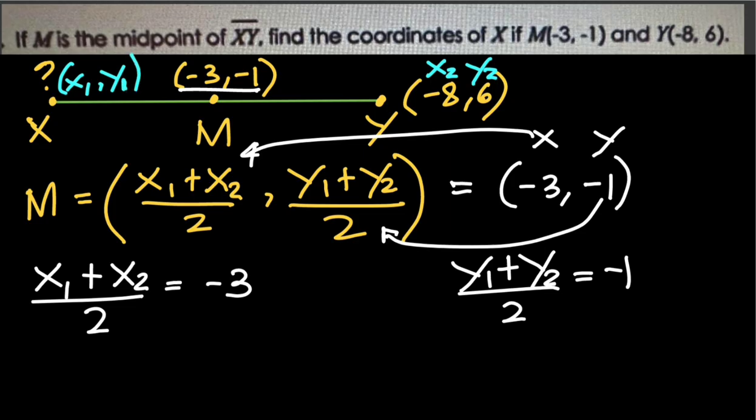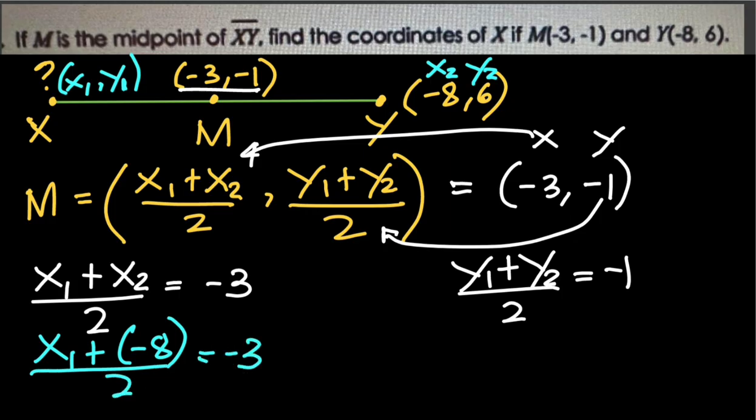We can solve for x sub 1 and y sub 1 using these two expressions. So (x sub 1 plus x sub 2, which is -8) over 2 equals -3. And the other one is (y sub 1 plus y sub 2, which is 6) divided by 2 equals -1.